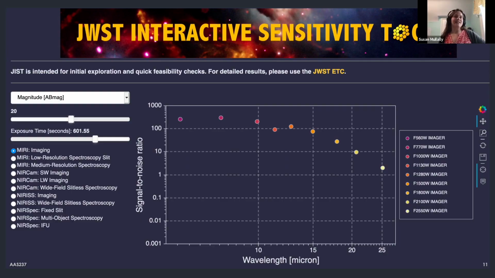It's called the JWST Interactive Sensitivity Tool, and it allows you to get a sense for different observing modes, and how much time you're going to need on this observatory across different wavelengths to reach the signal to noise you need to do your science. I recommend checking this out.